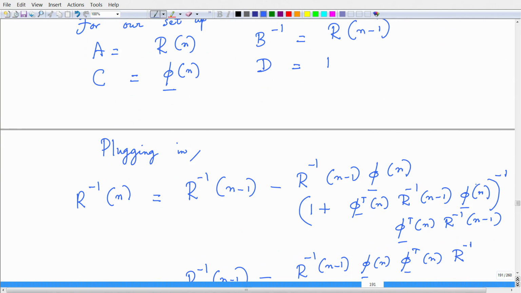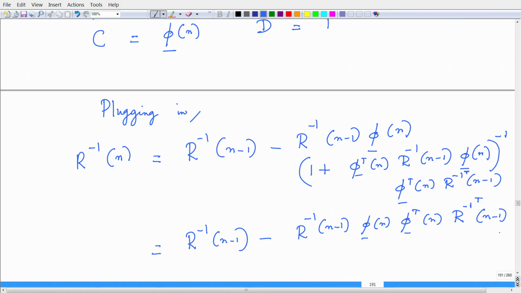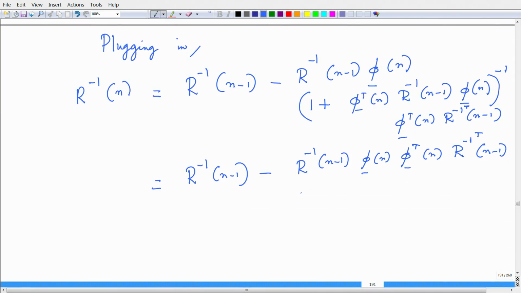So B is R inverse of n minus 1, and there should be a transpose here, previously I just put a T. So inverse transpose of n minus 1, upon 1 plus phi transpose of n R inverse n minus 1 times phi of n.